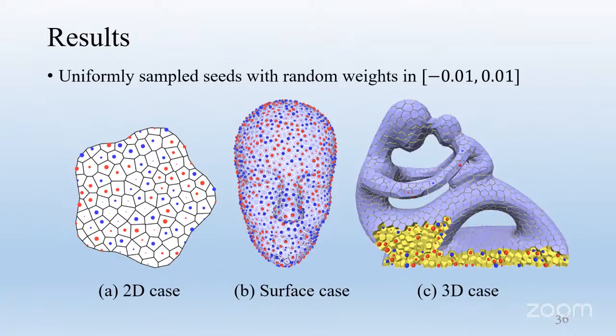For each domain, the seed locations are obtained by uniform sampling, and the weights are randomly generated. The seeds are shown as the red and blue discs or balls. Red color means the seed has positive weight, and the blue color means the negative weight. The radius of the discs and the balls indicates the absolute value of the weights.